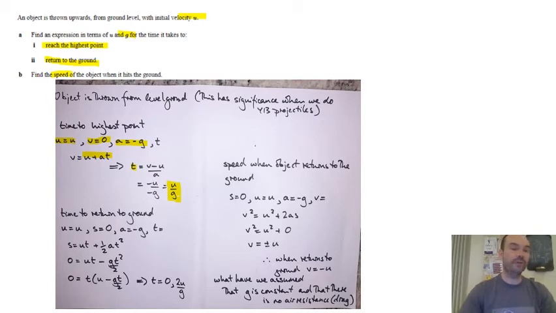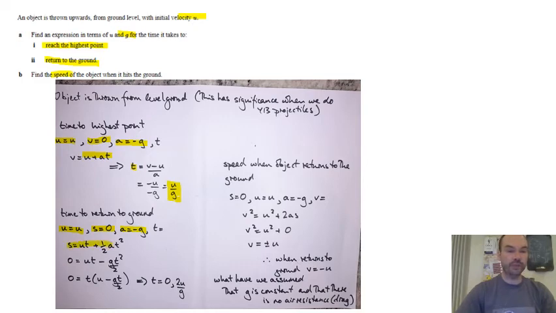Time to return to the ground. Well, if you're thinking it takes the same time to go up as come down, you might be right. If we want to prove that, u is u. When it returns to the ground, the displacement will be 0. S is displacement, not the distance travelled. It's thrown upwards, accelerates downwards, a is minus g.